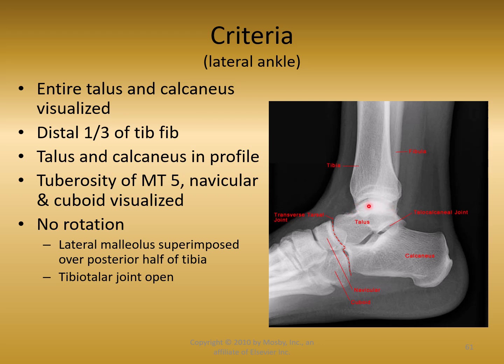Look for the talar dome there, and that joint space between the tibia and the talus here. We say that the calcaneus is in profile, the talus is in profile, because it's in a true lateral position with no rotation.